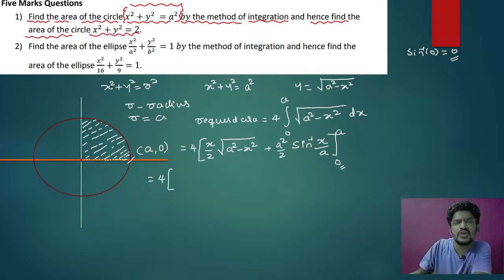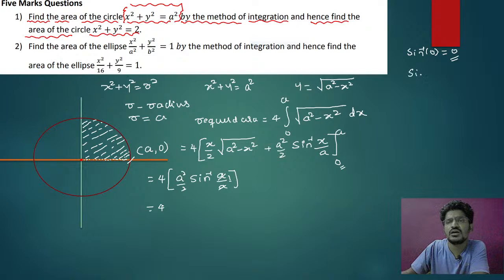So this term is going to be 0, leave it, plus a square by 2 sine inverse of a by a. Now 4 times of sine inverse of a by a is 1. So what is sine inverse of 1?